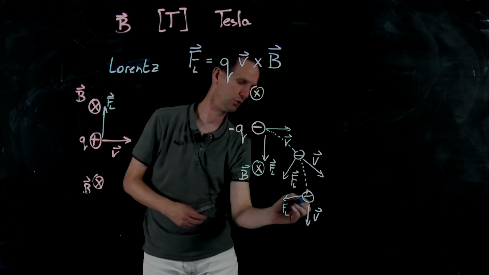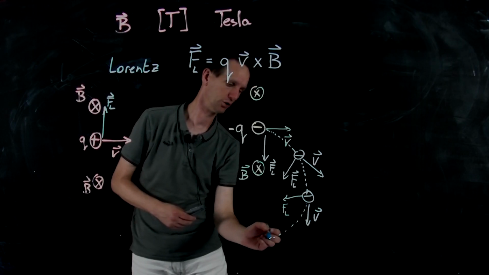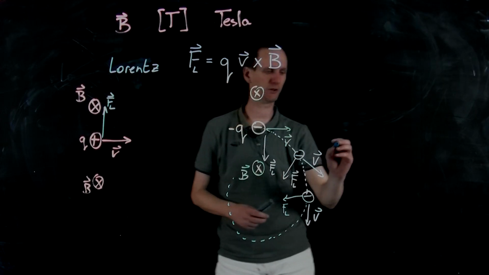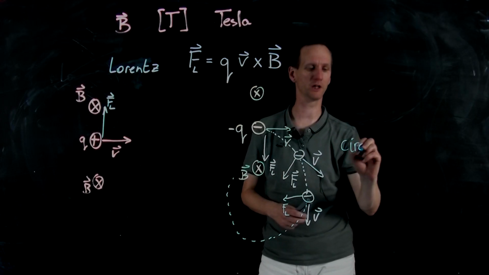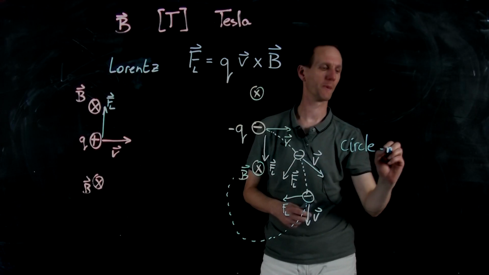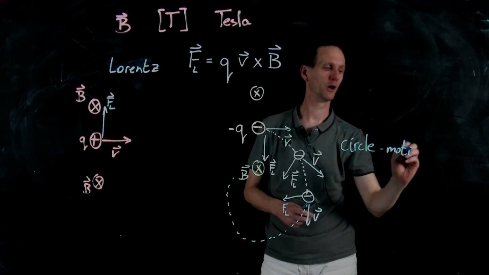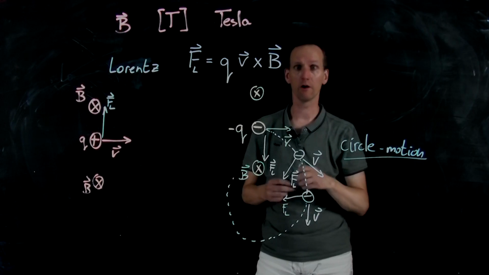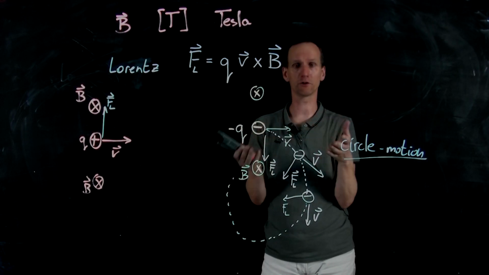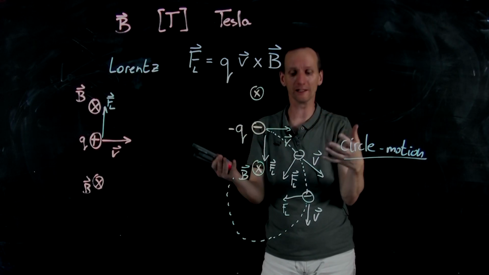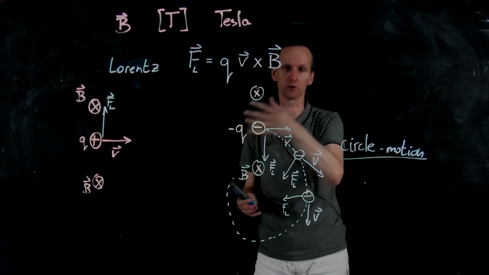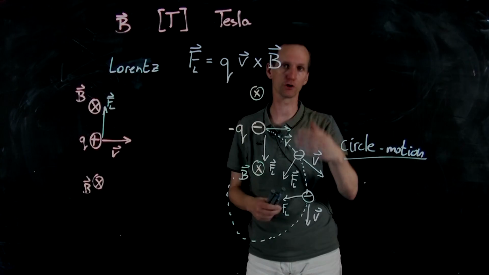And so if we keep on doing this, we see that the particle actually starts following a circular trajectory, which is characteristic for the motion of charged particles in a magnetic field. We will see that it's important in electron microscopy. If we work with magnetic lenses, typically our electrons will start to follow spiraling or circular trajectories.